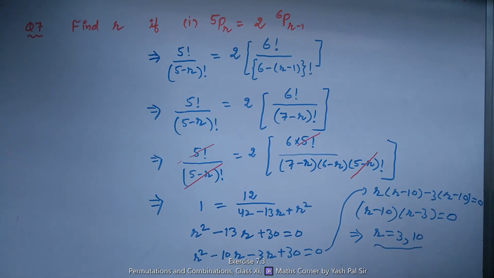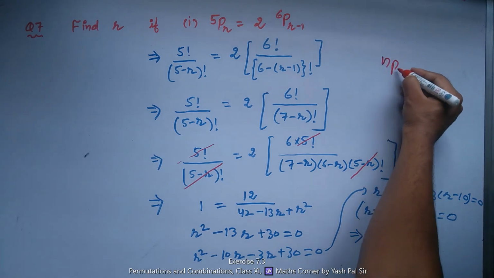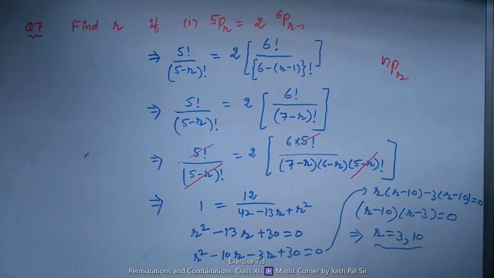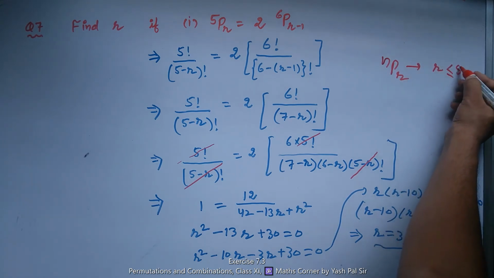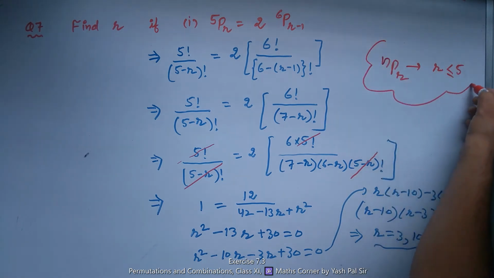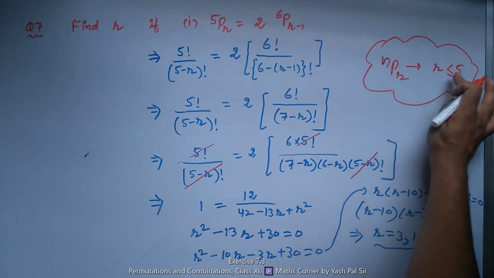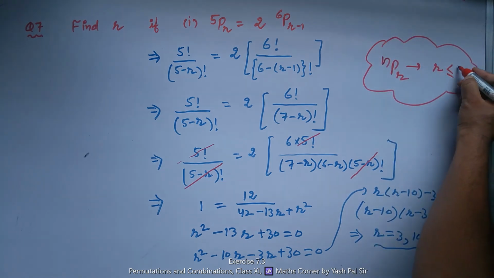But the rule is, in nPr, r is always less than or equal to n.